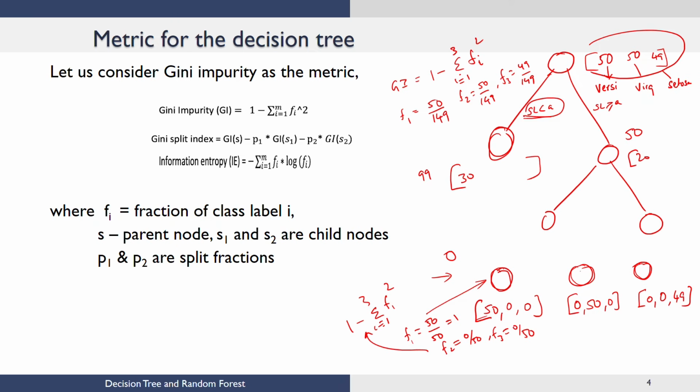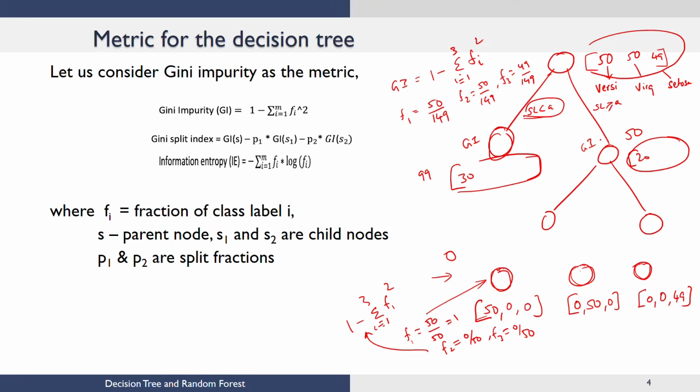Now, because we have already defined the Gini impurity for each node, based on this we can compute a Gini impurity for this node, and based on what comes here, we can compute a Gini impurity for this node.